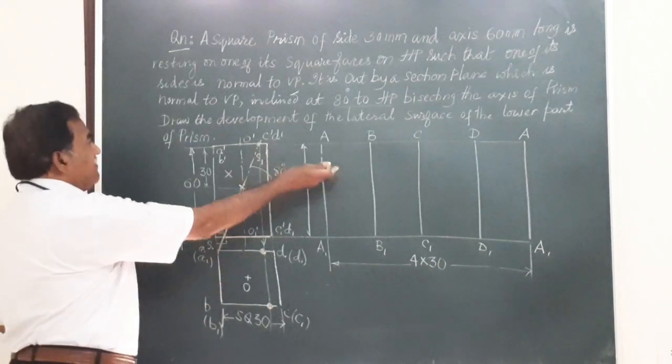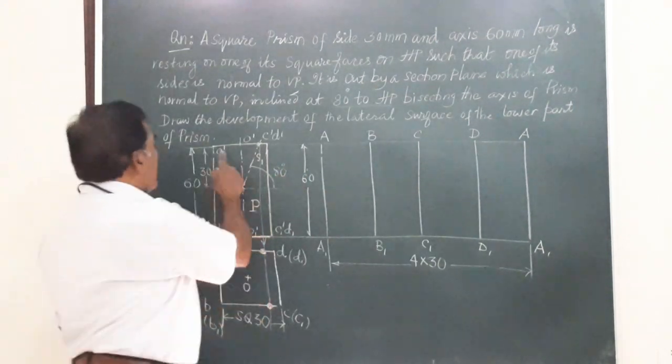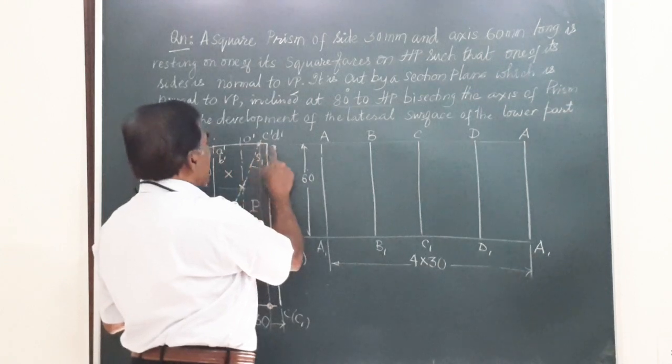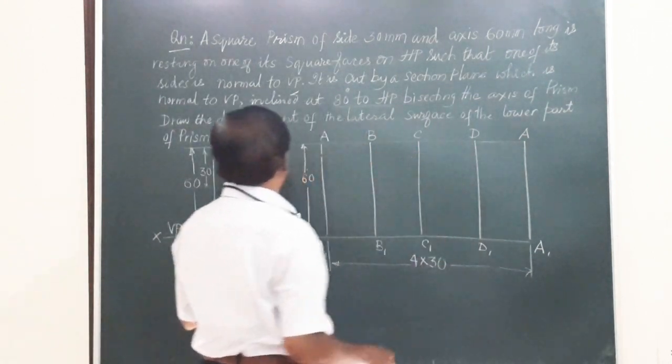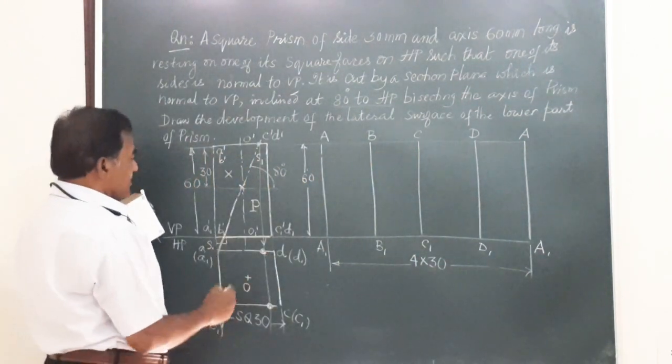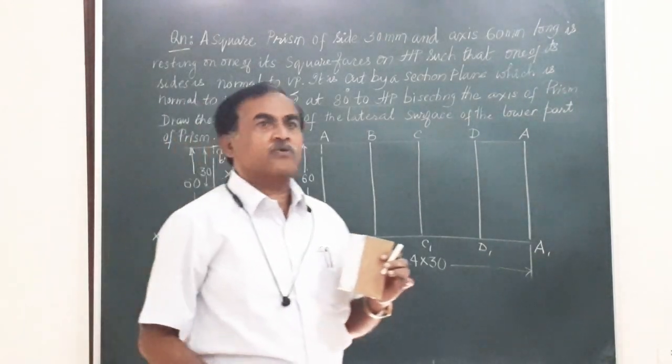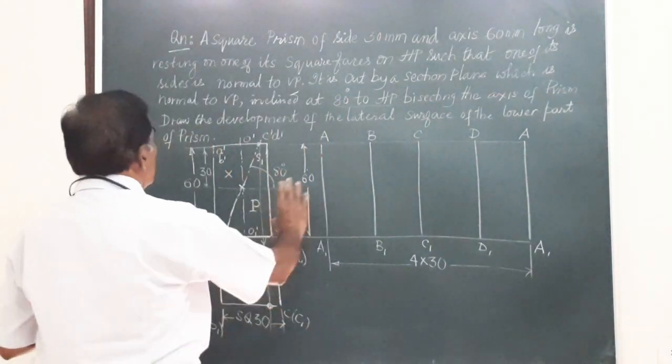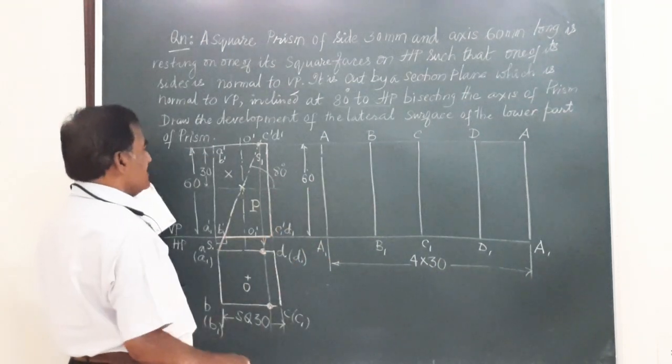So let me show them in the development. The top face A dash, B dash, C dash, D dash is represented by this line. Remember, whenever we are drawing the development, this is all drawn to true shape or true size.